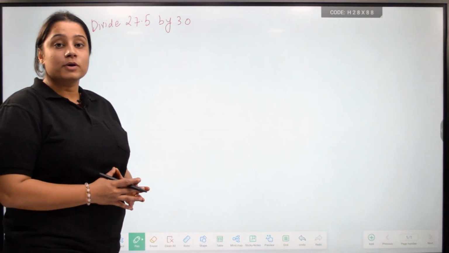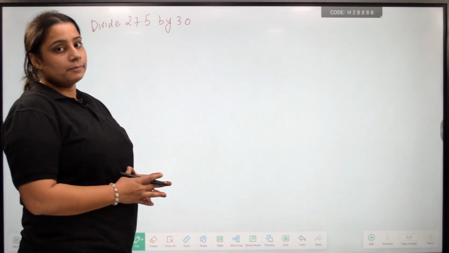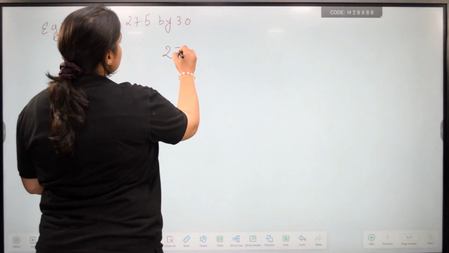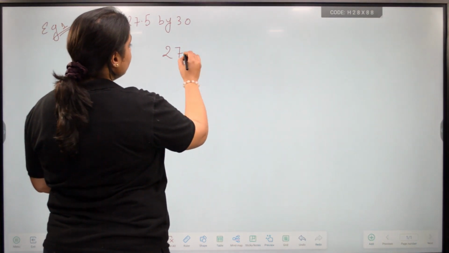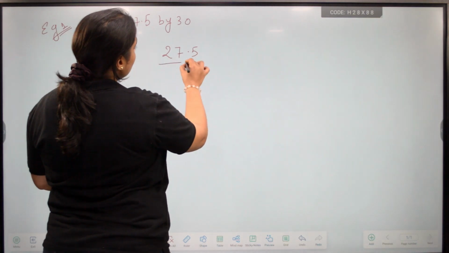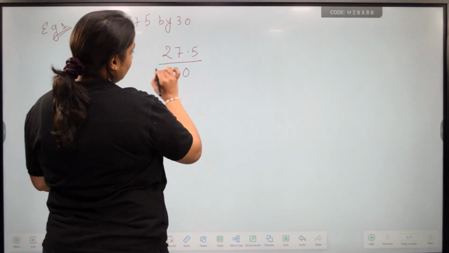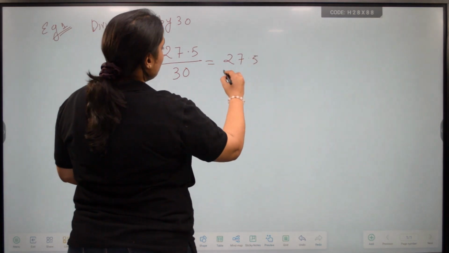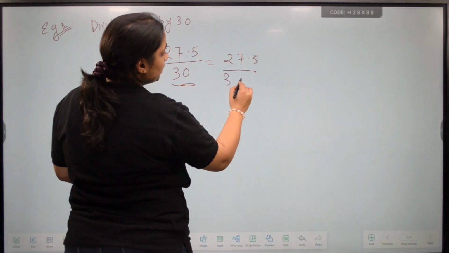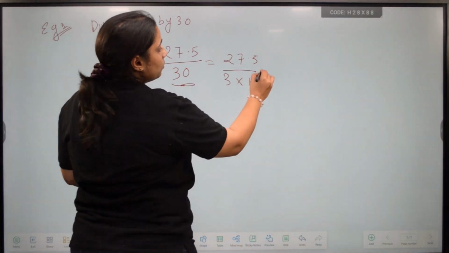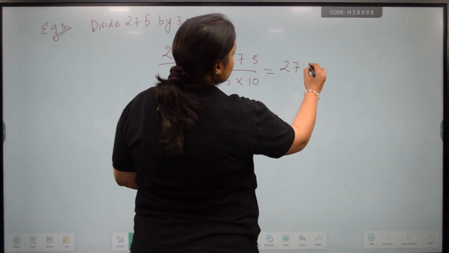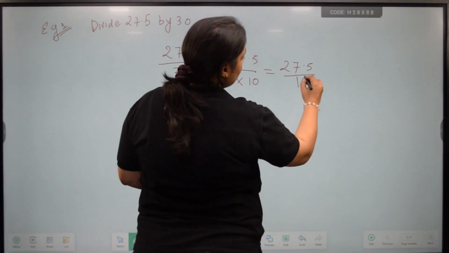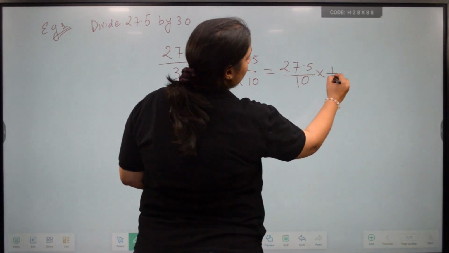Division by a multiple of 10, 100 and 1000. Example 1. Divide 27.5 by 30. Write it as 27.5 divided by 30. Now we can write 27.5 upon 30 as 27.5 upon 3 into 10, or we can also write it as 27.5 upon 10 into 1 by 3.